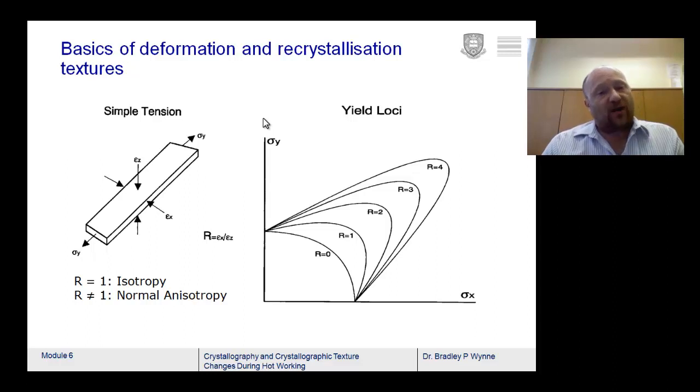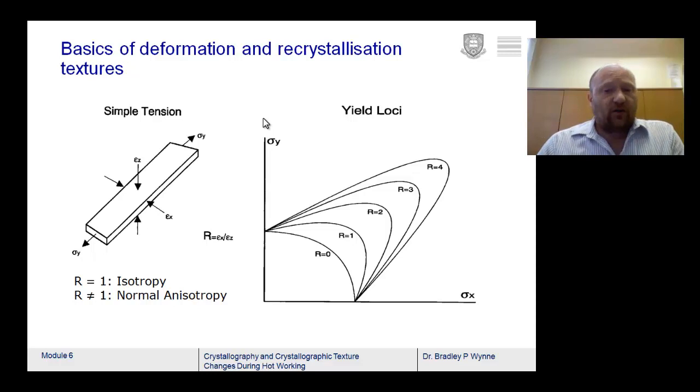But by having a non-random set of grains, such that there is very little plastic strain in the Z direction, I can get a very high value of R, whereas if I had it the other way around, I could get a very low value of R. So it's very important, this concept. Ideally, I want to have a value of R greater than 1. If I have R greater than 1, then I must have a texture which makes sure that there's virtually no strain in the Z direction.